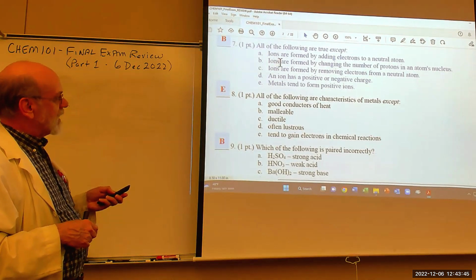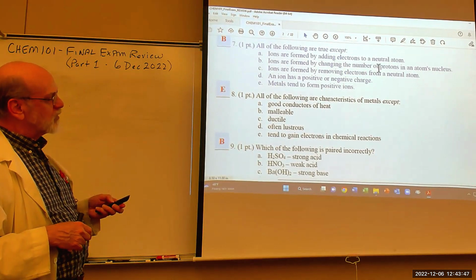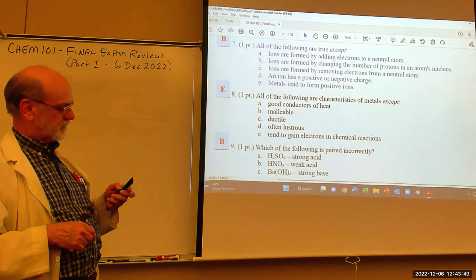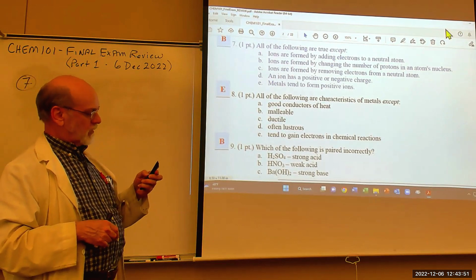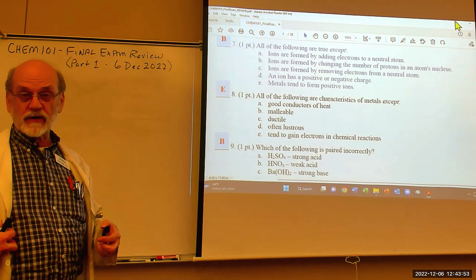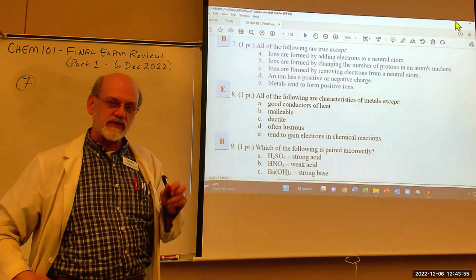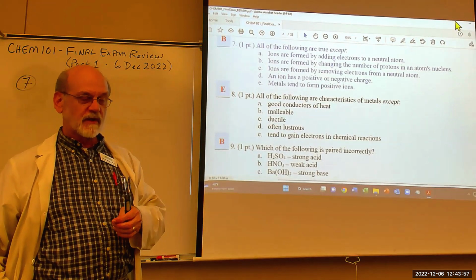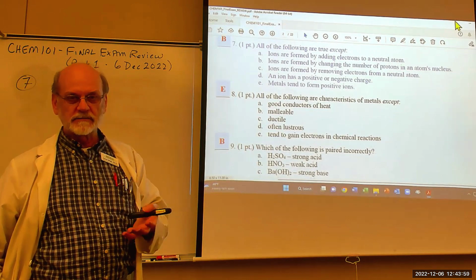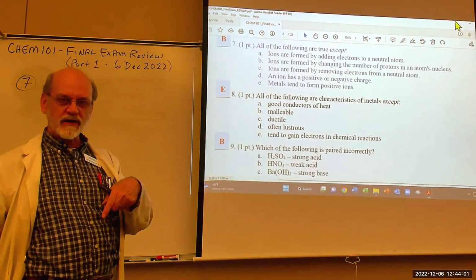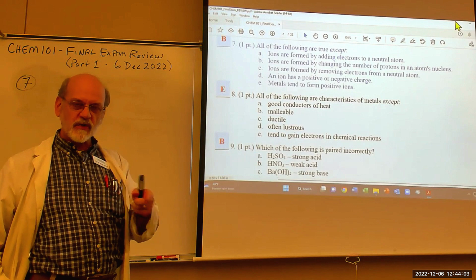Right. B, ions are formed by changing the number of protons in an atom's nucleus. That one is patently false. What happens when you change the number of protons? You don't have the same element anymore. You cannot form the ion of an element by changing the protons.